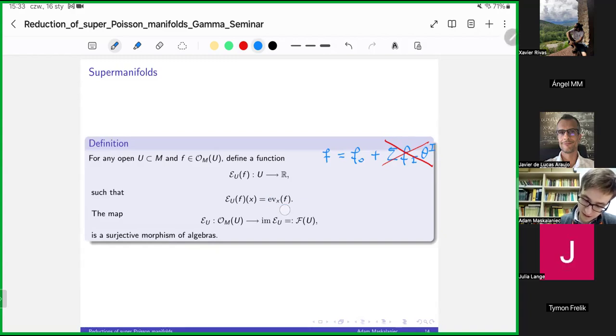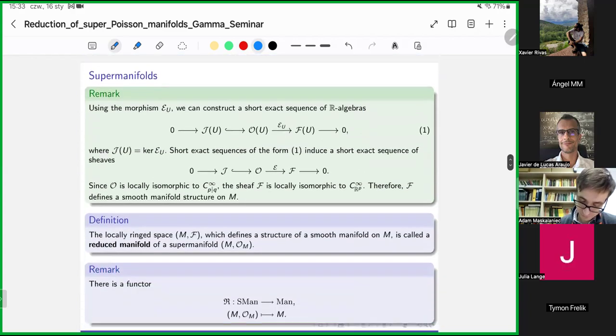And we obtain a surjective morphism of algebras from the ring of superfunctions onto the image of this map epsilon.